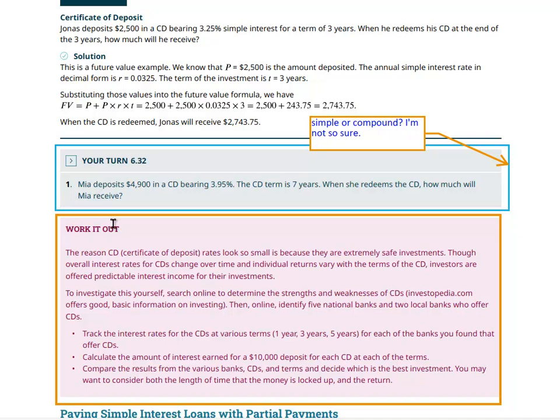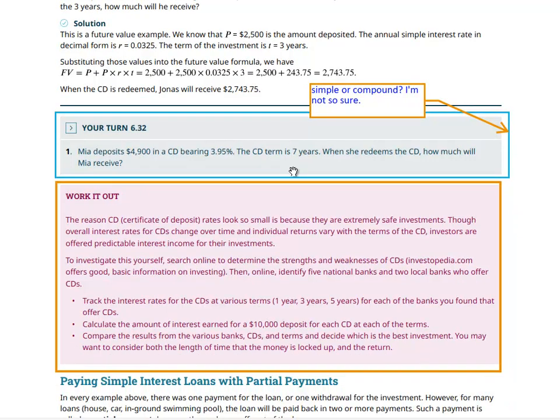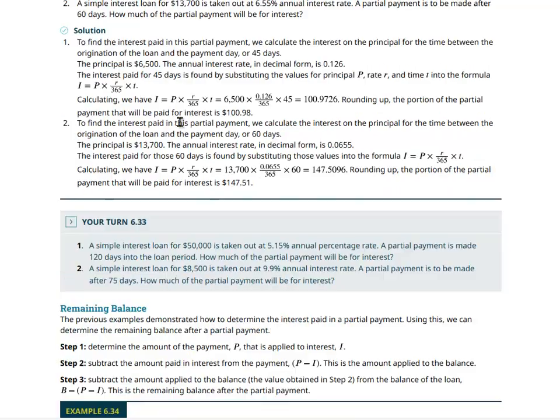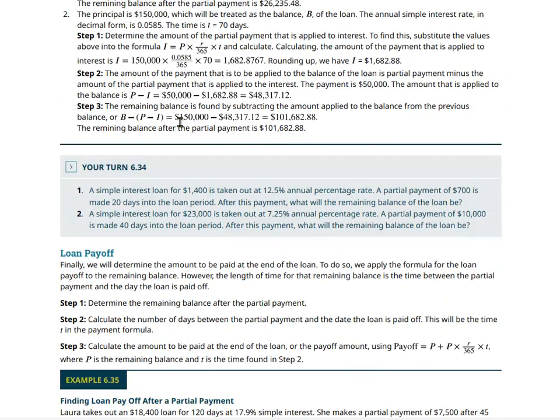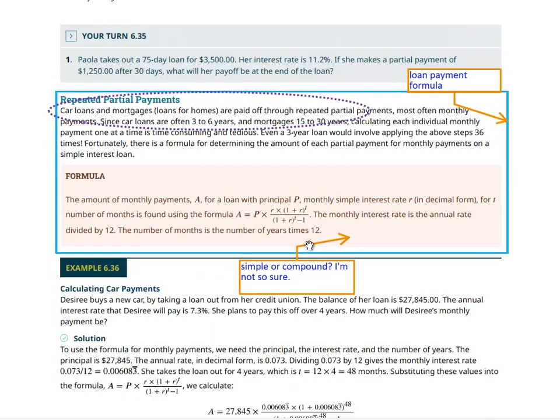And apparently the book is saying, oh, this is simple, but I think it's compound in this chapter, in this section. And if I go down here, there was another one where I mentioned that right here, where it says repeated partial payments, car loans, and mortgages, which is what I'm going to do in a future one. And you will see this particular formula here, which is still amazing to me.